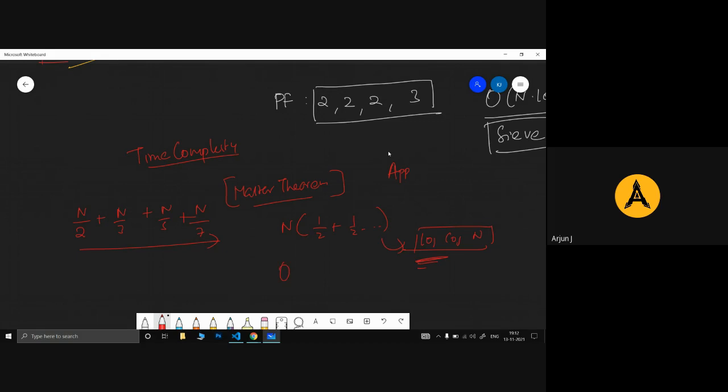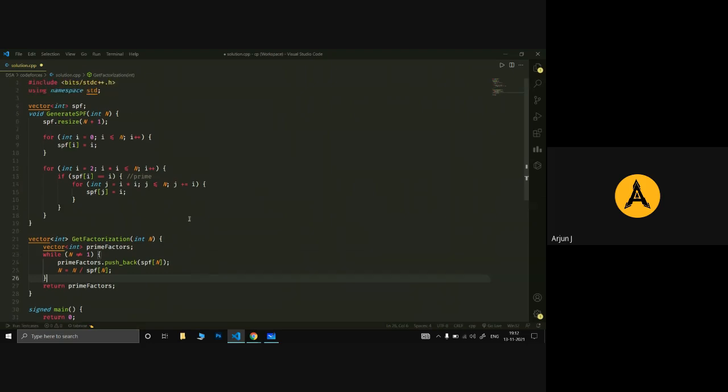By just looking at it, you can say that, okay, let me go to the code so that you understand better. Looking at the code, you can see that this will take n iterations, and this is going to be up to square root of n.